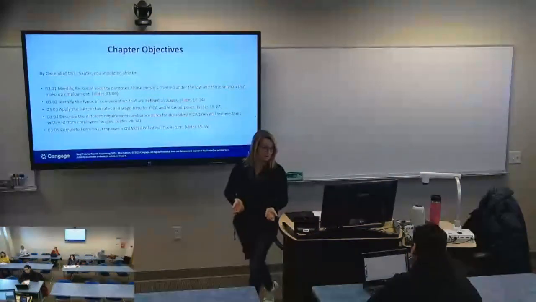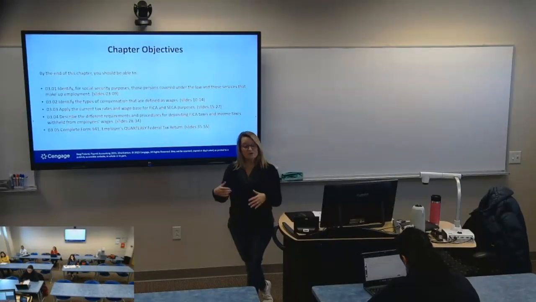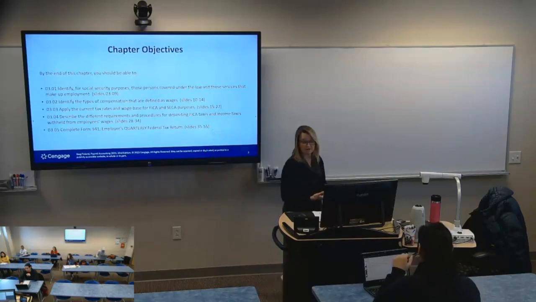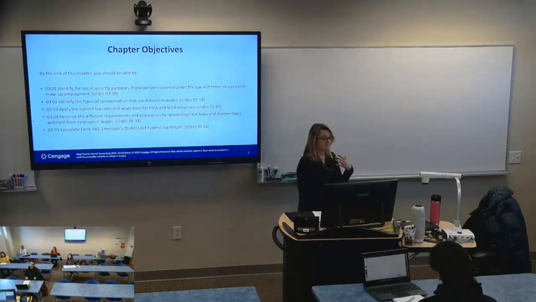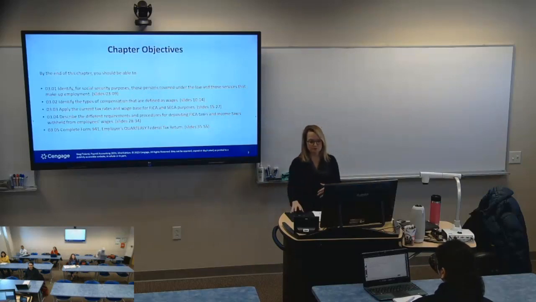But if you lend somebody $1,000, you probably want that back a little bit faster, right? So the IRS is the same. The more a company owes the IRS in payroll taxes, the faster they have to pay it. The less they owe, the slower they get to pay it. They get more time to pay it. Okay, so that's what those schedules are, and we'll go through those when we get there.